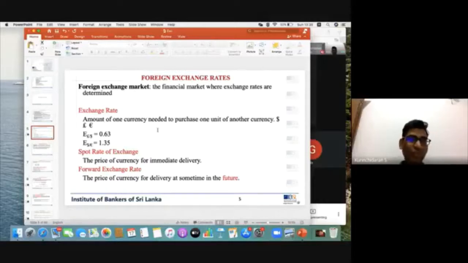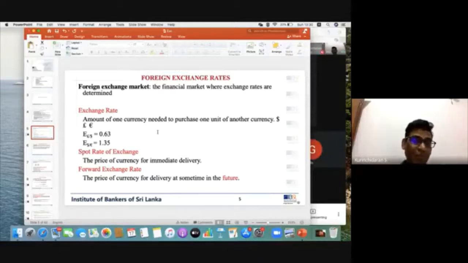Also, if you have some idea of exchange rates, you can reconfirm it. The value of a sterling pound is more than the value of a dollar, that we know.